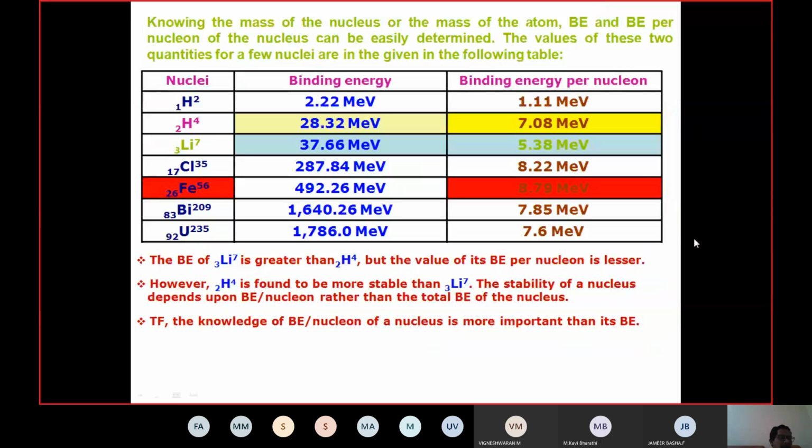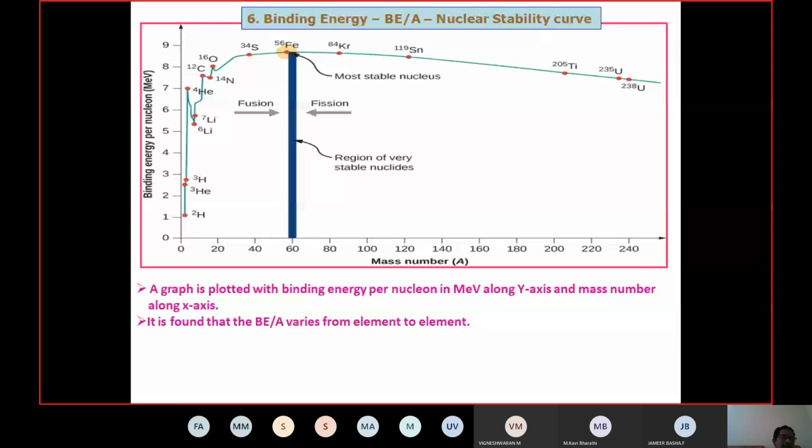In order to attain a higher value of binding energy per nucleon, lighter nuclei may unite together to form a heavier nucleus. This process is called fusion.